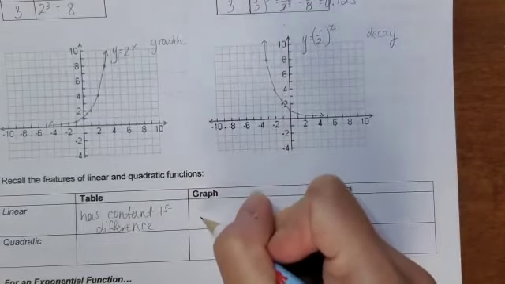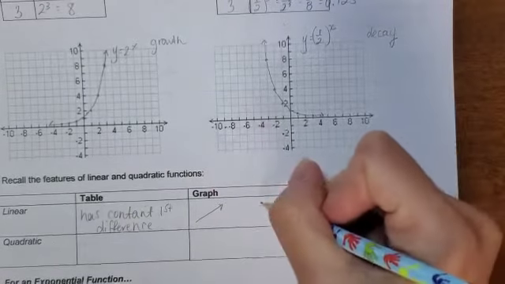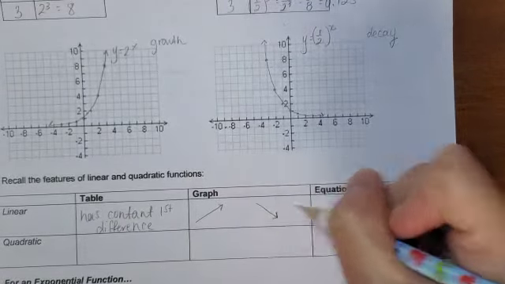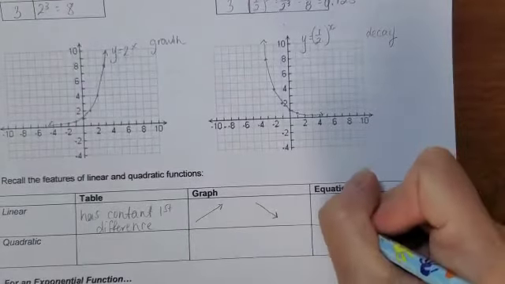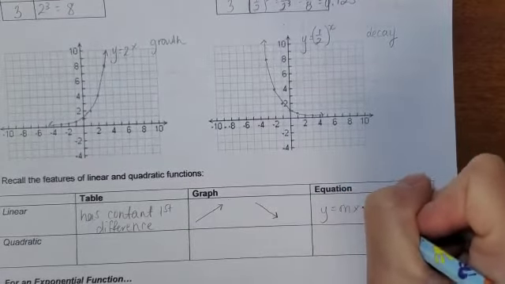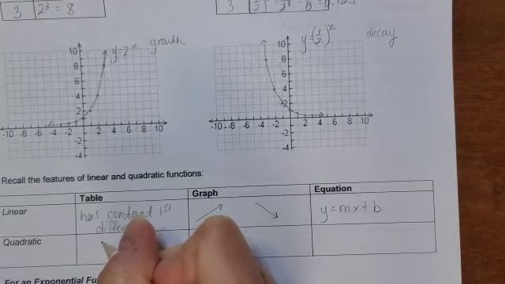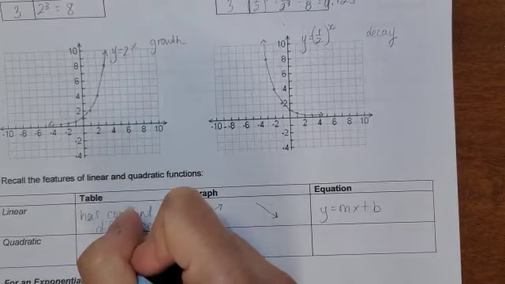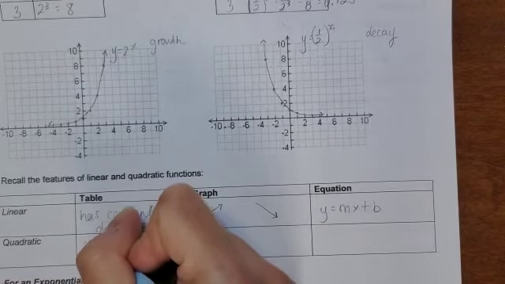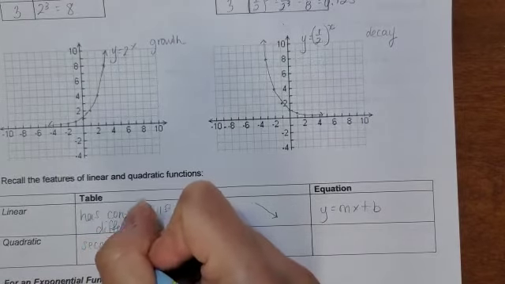Graphically they are lines, so we have positive and negative slopes, and our equation is y equals mx plus b. For our quadratic functions, second differences are constant.